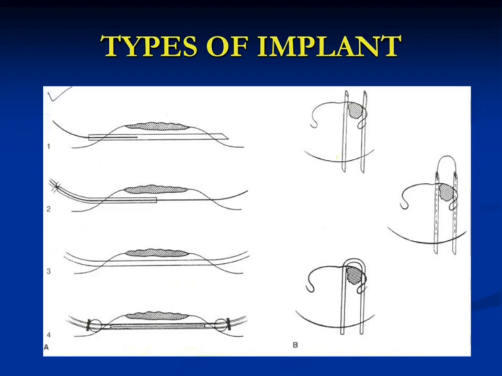Another thing to remember in soft tissue sarcoma: the distance between two catheters should not be less than 1 centimeter or more than 1.5 centimeter. So these things should be kept in mind.